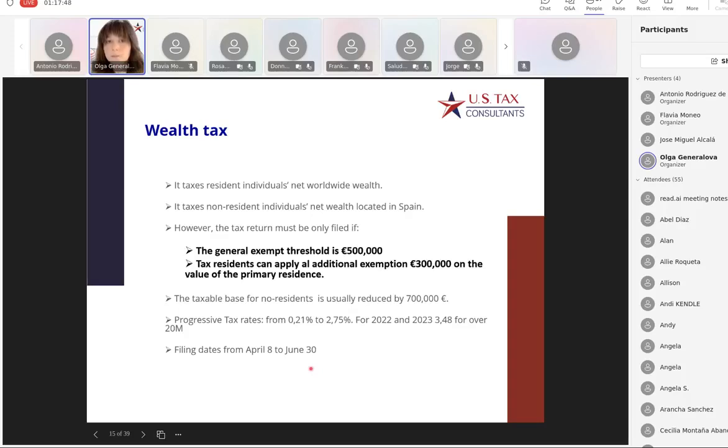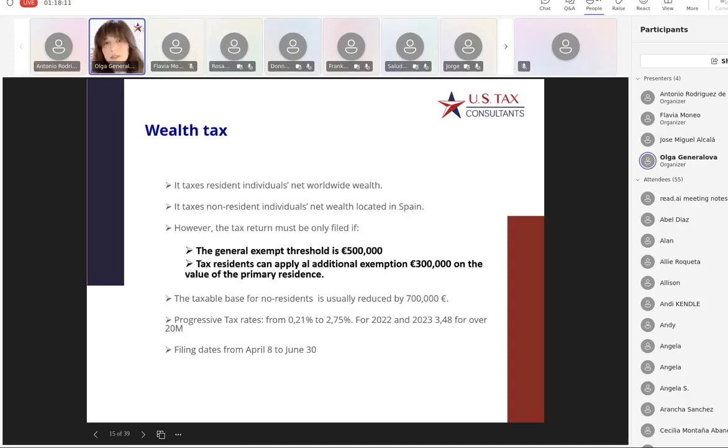The wealth tax applies to resident individuals' worldwide net wealth. In the case of non-residents, they will pay wealth tax only on assets located in Spain.